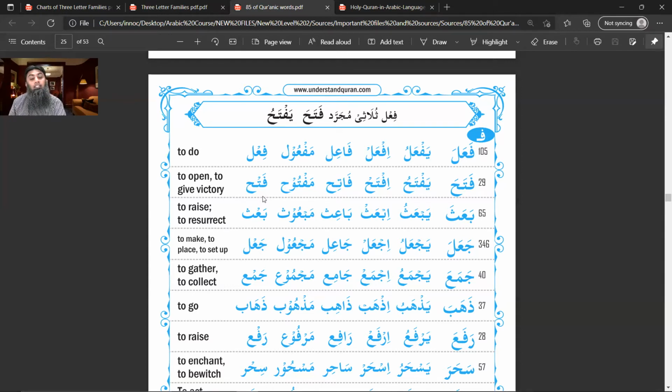I would actually encourage all of the people to write down on the top here. And please remember I said one thing last time: obviously not every vocabulary word is equally important in our learning process. For example, Jama'a comes 40 times, but Jala comes 346 times.